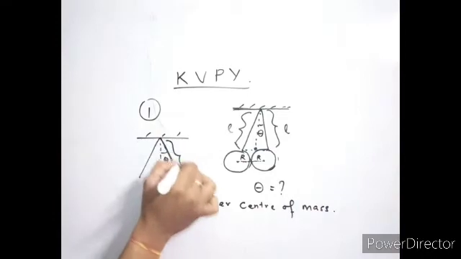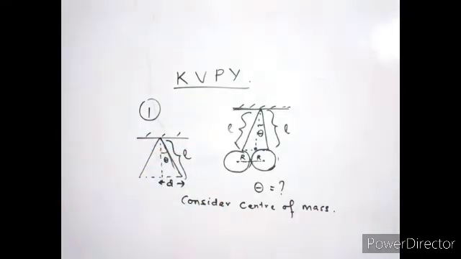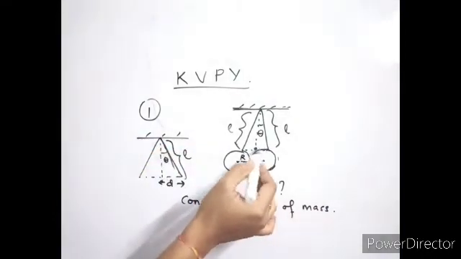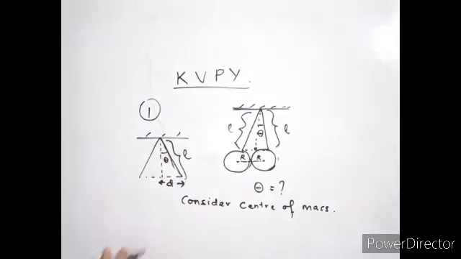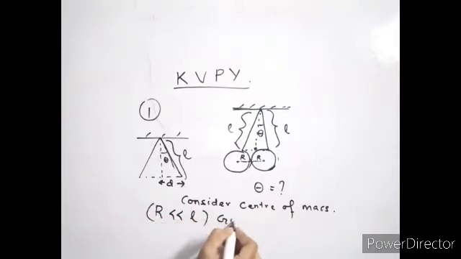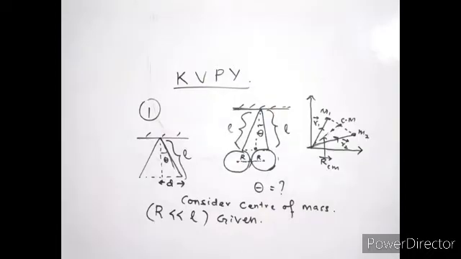Let that base be equal to d, the horizontal distance of the second mass from the point where we are considering the center of mass to be, and the radius is very small compared to the length of the string from which it is suspended.